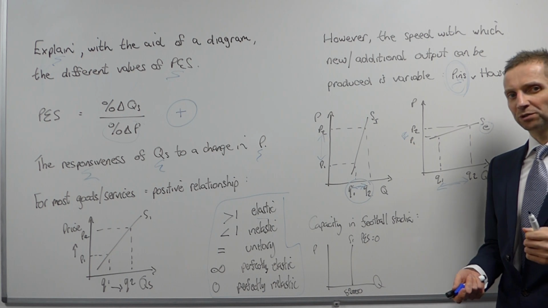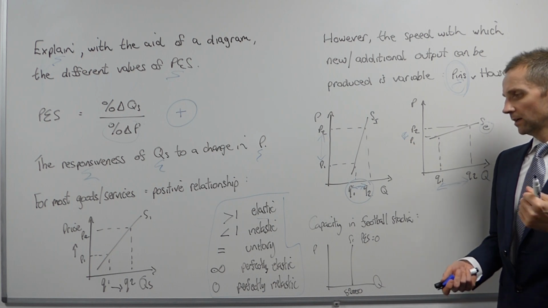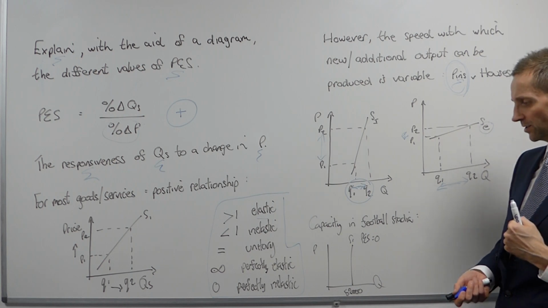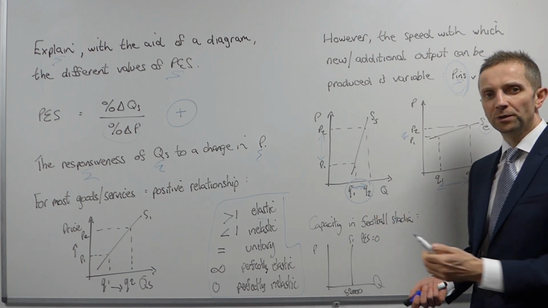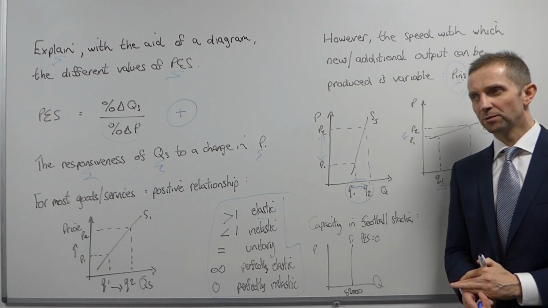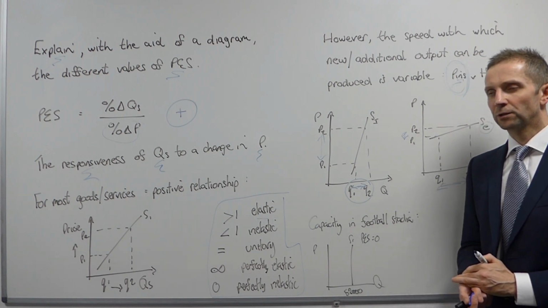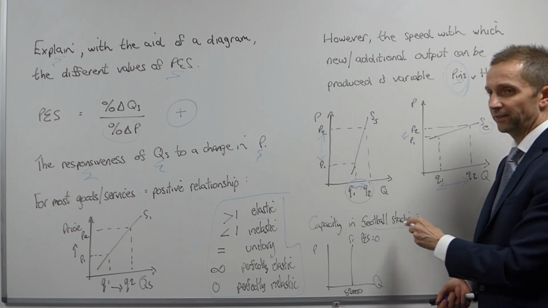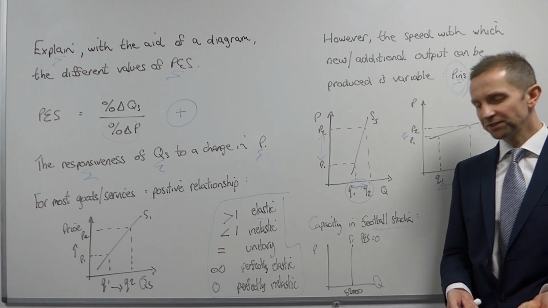So what about special cases? Well, probably the most commonly assessed one, I suppose, would be the whole notion of capacity. So it could be capacity in the NHS, if you're looking at healthcare economics, or here I'm talking about capacity in football stadia.